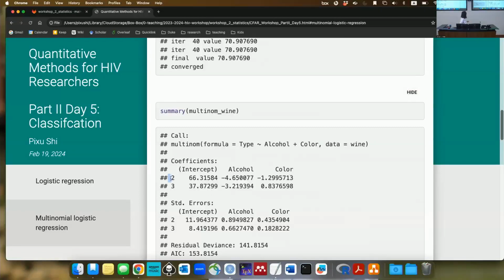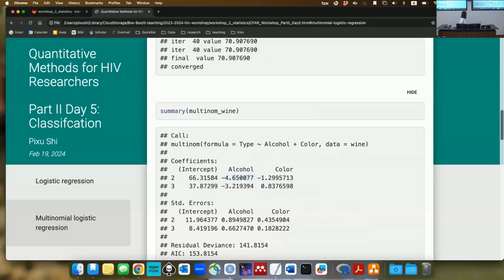This is the second type of line over the first type of line. So if you want to compare, this coefficient is negative. It means that the higher alcohol level is going to be more associated with the category 1 instead of 2.